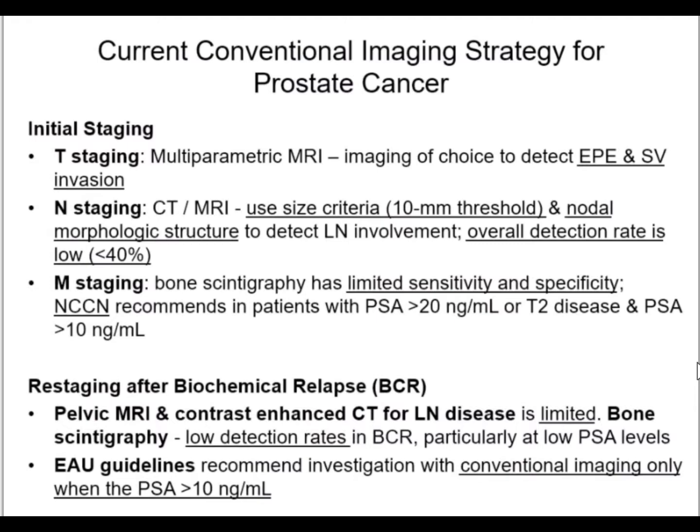In terms of bone scans, there's a low detection rate in biochemical recurrence, particularly when the PSA level is low. And EAU currently recommends this kind of investigation with conventional imaging only when the PSA is more than 10, when the patient has biochemical recurrence after radical treatment.